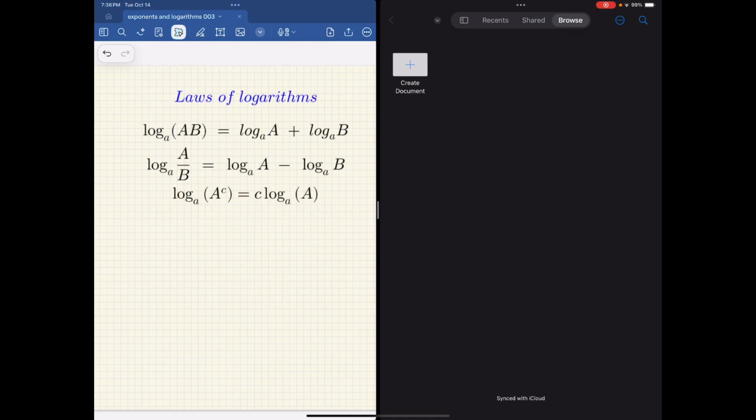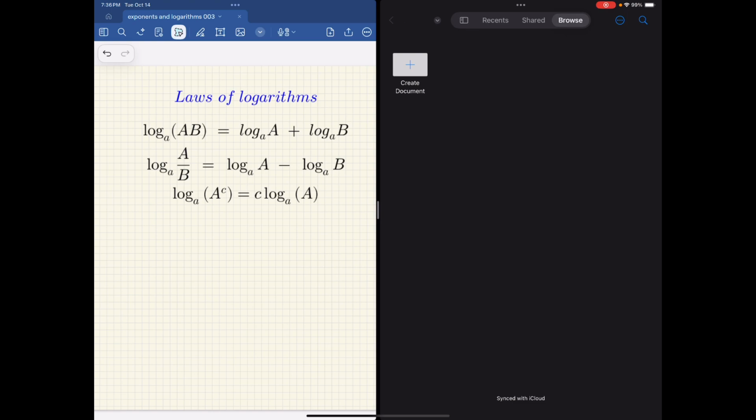Our third and final law involves raising A to an exponent. We'll call that exponent c, and we're saying that log base a of A to the c equals c times log base a of A. This is the third law of logarithms. So here's our proof of that.